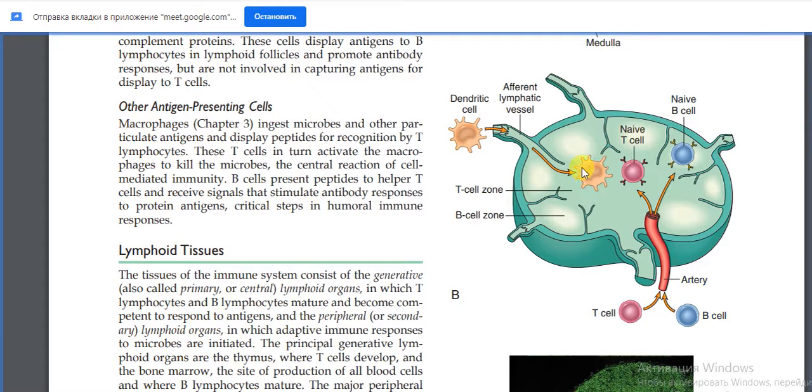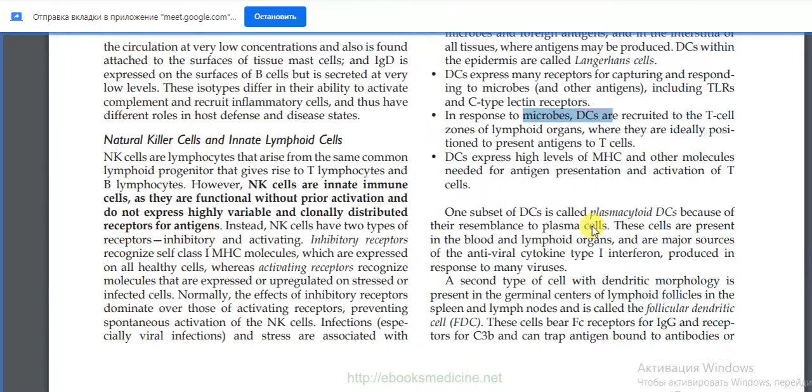It's a star-shaped cell with a lot of outgrowths of the cytoplasm, and these outgrowths are present between the T cells, so the T cells can find the antigens and capture them. That's the main function of dendritic cells.